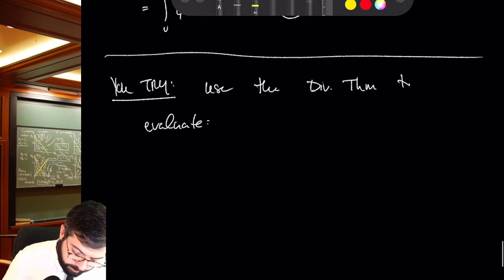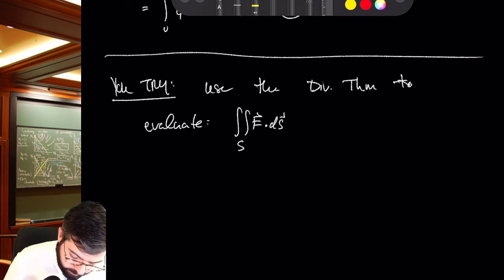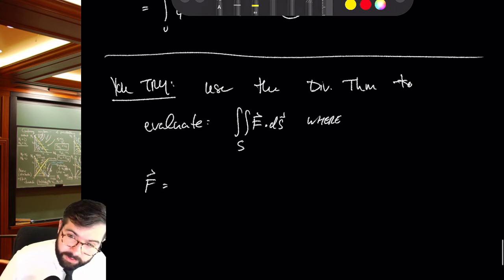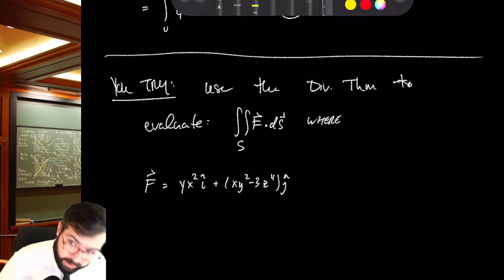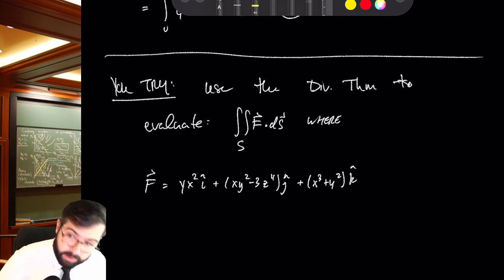Use the divergence theorem to evaluate this flux integral where the vector field is given by yx squared i hat plus xy squared minus 3z to the 4th j hat plus x cubed plus y squared k hat.